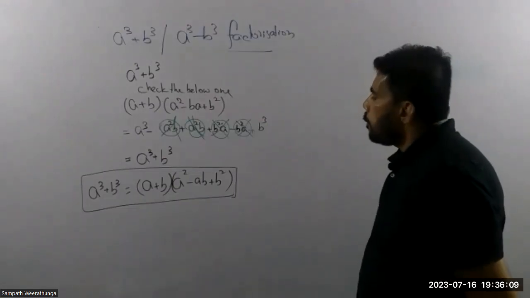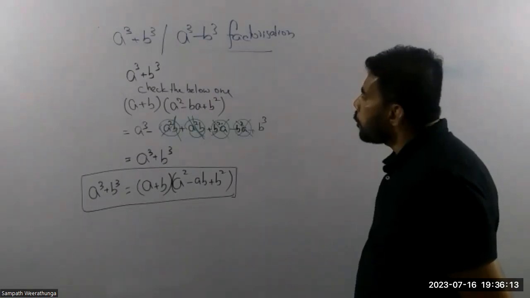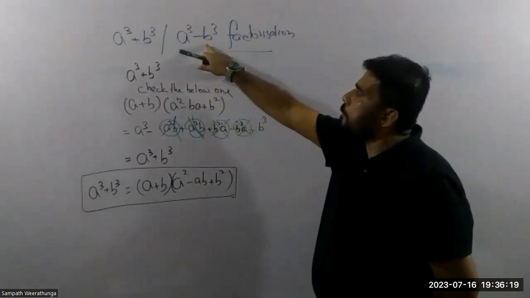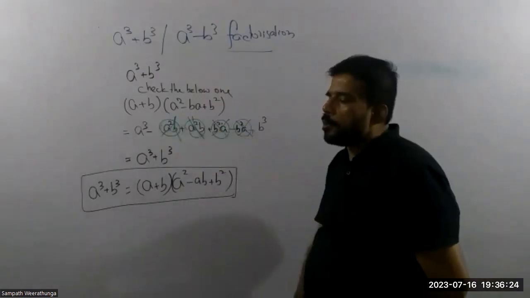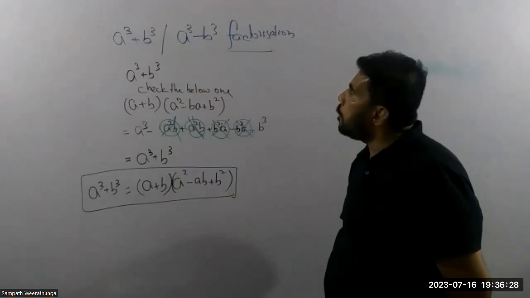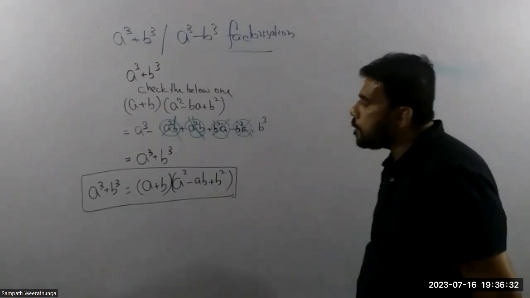From the theory we learned here, we can directly derive the relationship for A cube minus B cube, or else use the same fundamental approach.